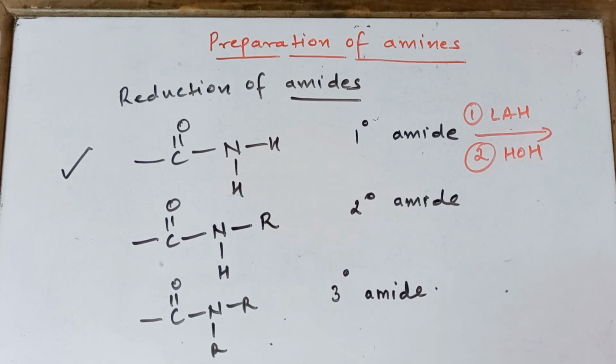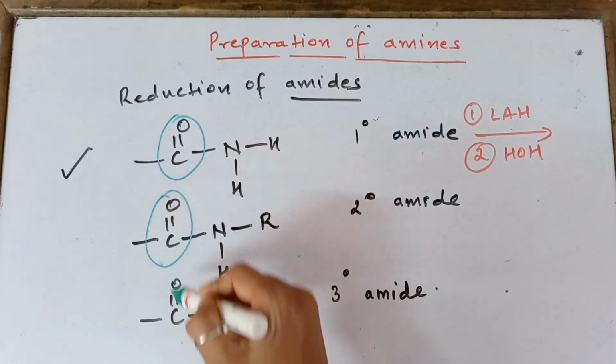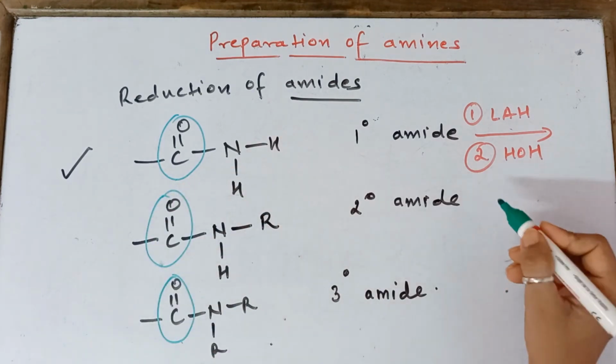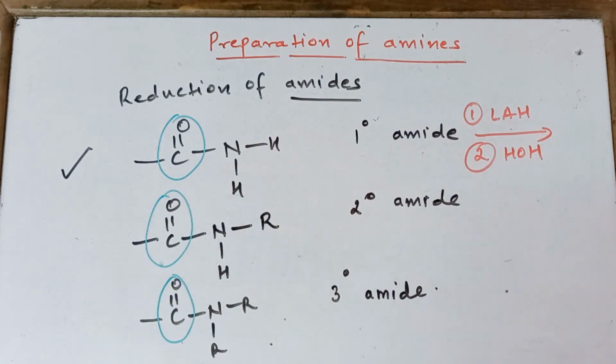When we do that, the process is very simple. We are going to just change the C double bond O to CH2. So wherever we see the carbonyl group, we are just going to reduce it to CH2. So naturally my answer would be changing.